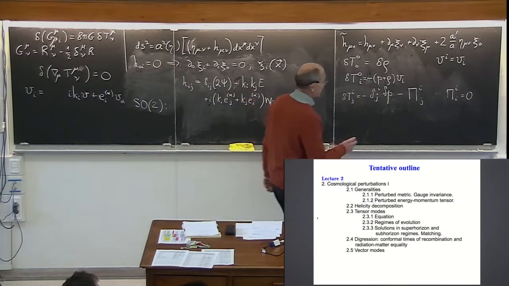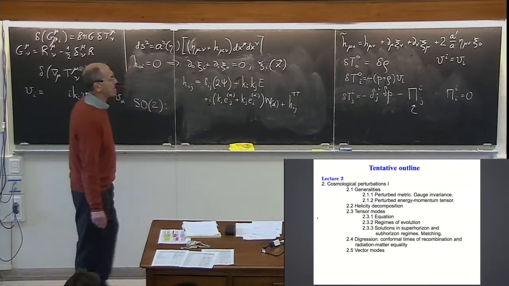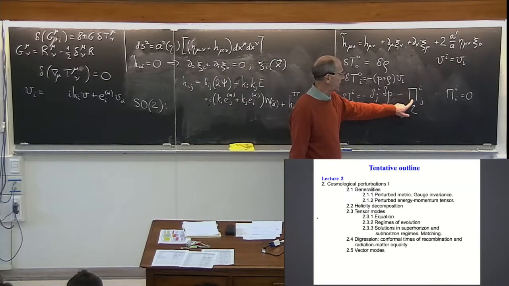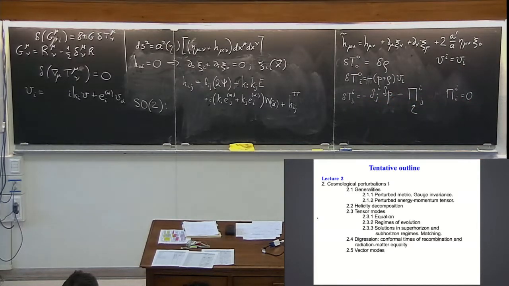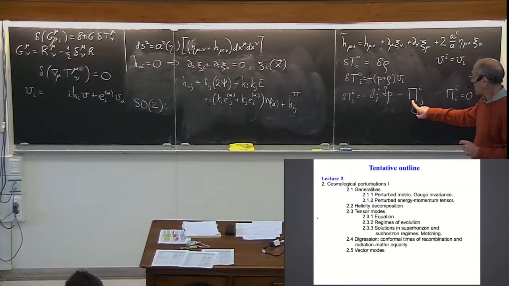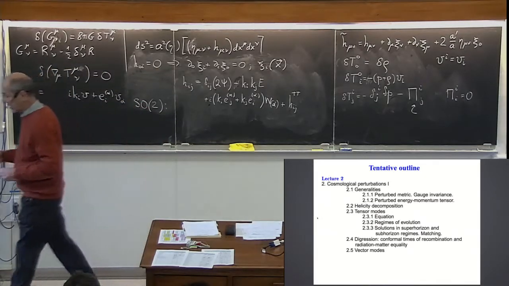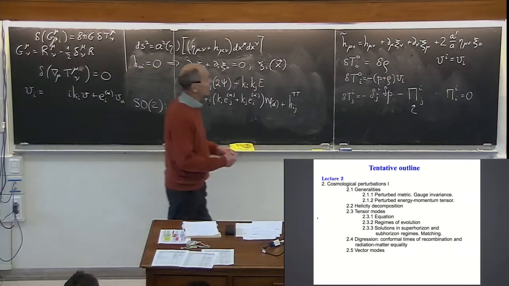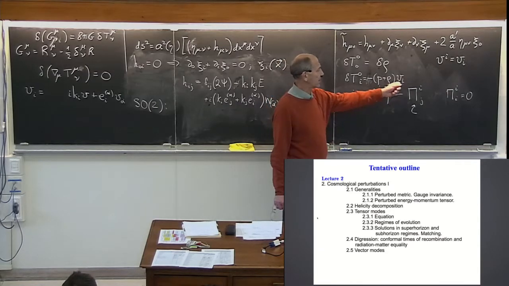Actually, likewise, you decompose your anisotropic stress tensor, pi ij. So in general, tensor perturbations are sourced by anisotropic stress, or they interact with anisotropic stress, since all the rest here are either scalars, delta rho, delta p, or vector, transverse part of Vi.